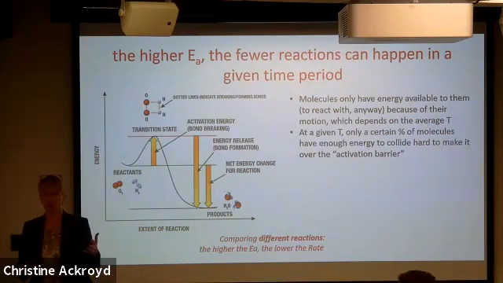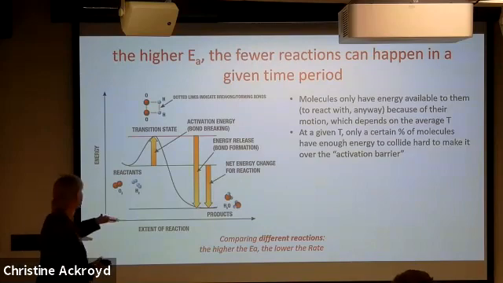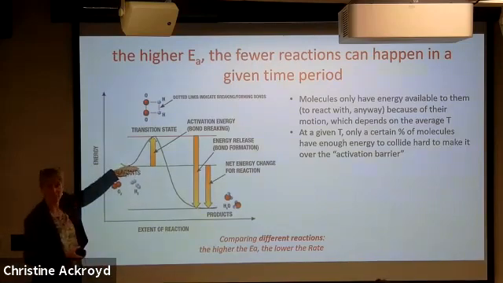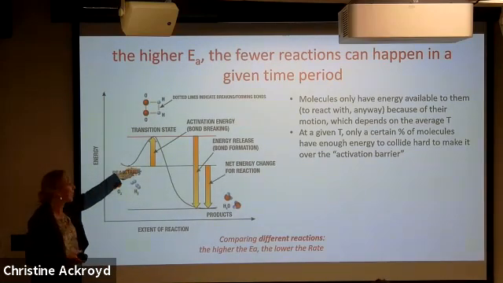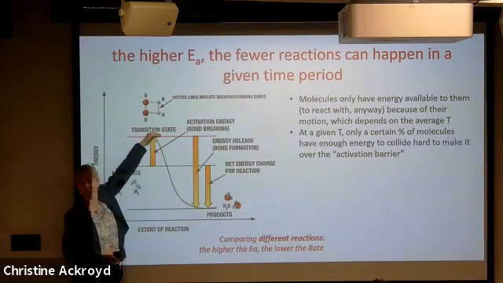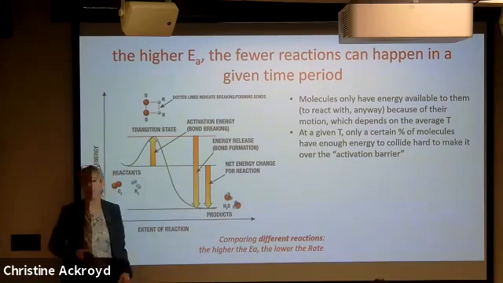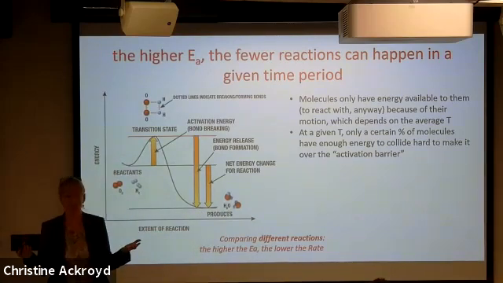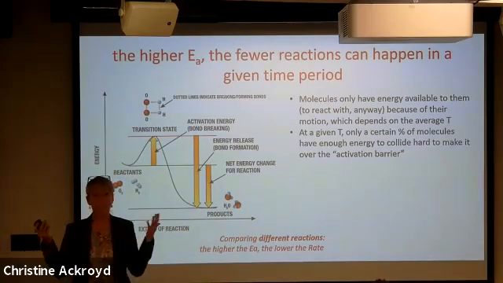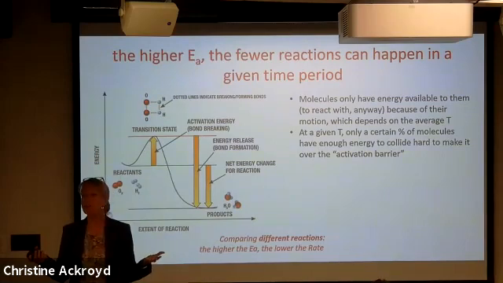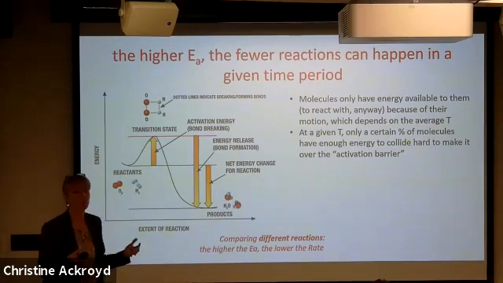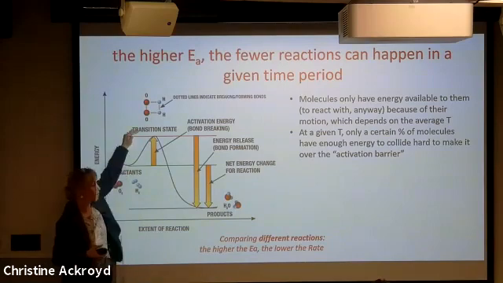At a lower temperature, well, in order for molecules to react, they have to go from the starting material energy. They have to gain enough energy to get to the high energy transition state before they can go to products, right? When you raise the temperature of the solution, you're giving the molecules more energy. There's more energy available to them. So they're more likely to be able to make it over that barrier.